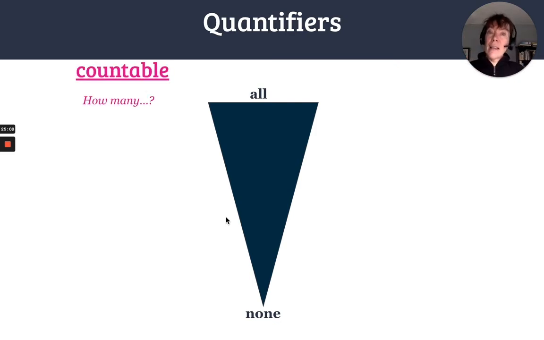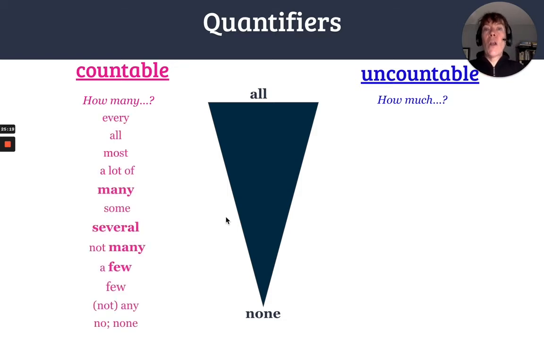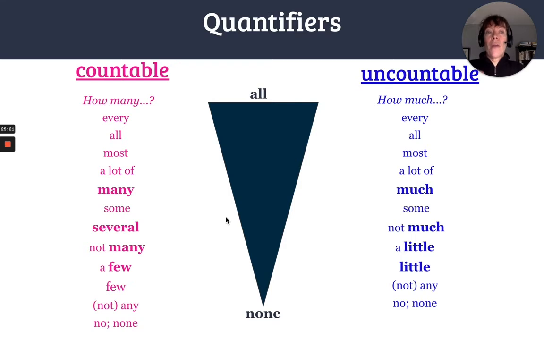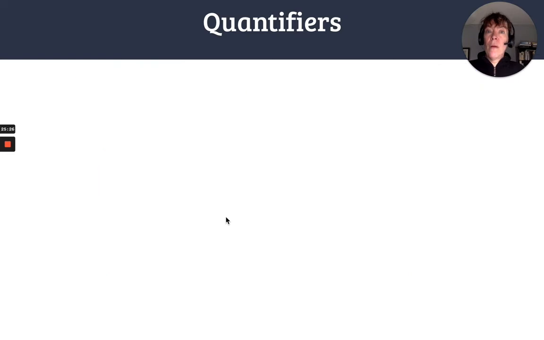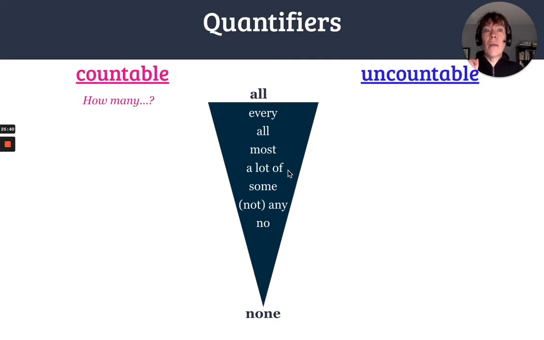So we're going to divide these again between countable and uncountable. Many goes with countable, much goes with uncountable. And all of these go with countable or uncountable, but notice that some of them can go with both. So every, all, most, a lot of, some, not any, and no, all of these go with both countable and uncountable. But some can be only countable or uncountable.